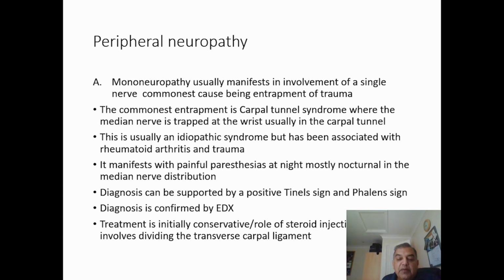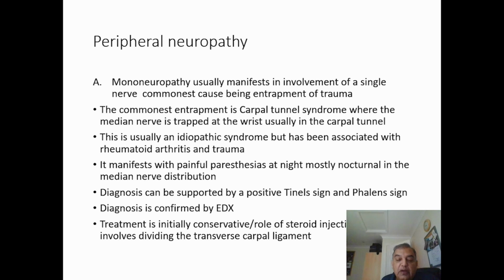The commonest entrapment is the carpal tunnel syndrome, where the median nerve is trapped at the wrist in the carpal tunnel, and there is a band of tissue that sometimes can become fairly tight and thickened due to various underlying conditions such as rheumatoid arthritis, pregnancy, etc. And it can manifest as a very painful hand in the distribution of the median nerve.